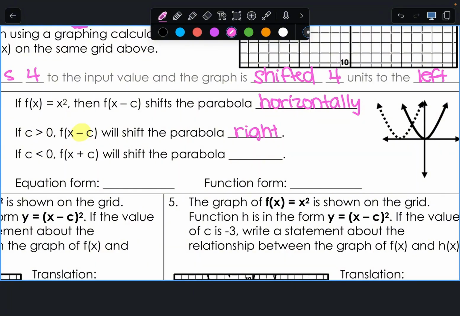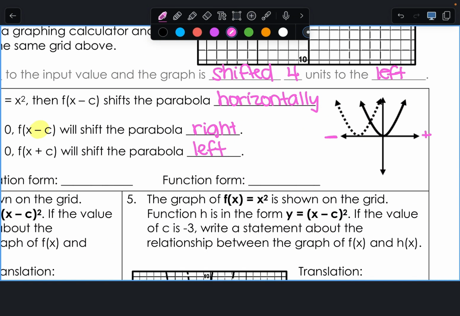Plus c means you inserted a negative number, so it's going to move it to the left. Your negative x values are on the left, positive x values are on the right, but it goes opposite. Now, in equation form, if you wrote it in y equals form, it would be written as (x minus c) squared.